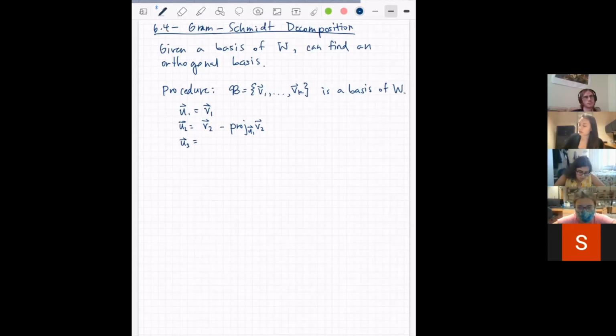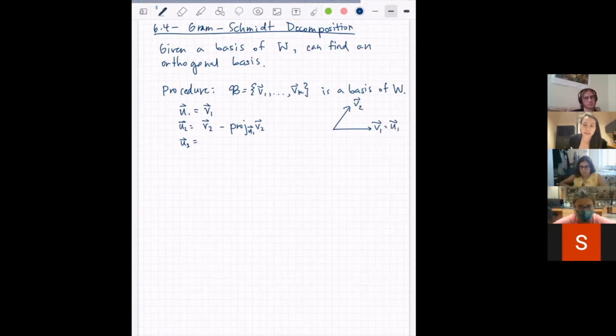Okay, I'm going to try and draw a picture. We'll see how well it goes. When we're defining U2, the idea is we have, say, V1 and V2 that are not necessarily orthogonal. Let this one be V1, this is V2. Remember, V1 is the same as U1.